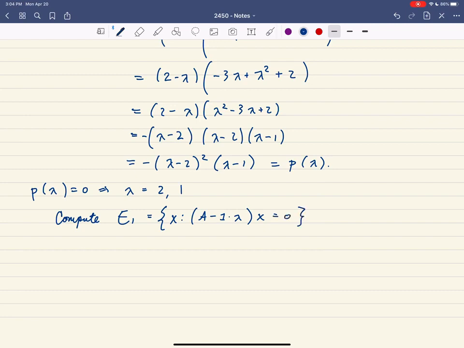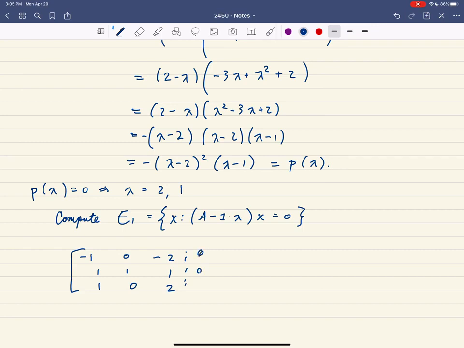So this is really the same as looking at A minus 1I. And if lambda is 1, then A minus I is going to be minus 1, 0, negative 2, 1, 1, 1, and 1, 0, 2. And then we're going to augment that with the 0 matrix.